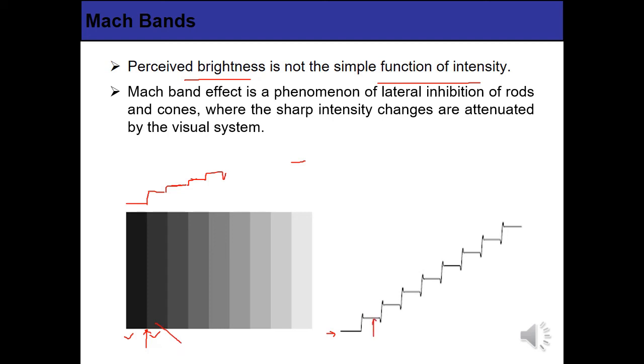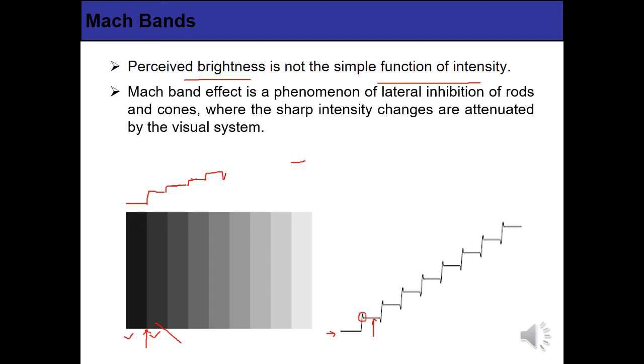But how is this variation represented? As you see from this gray portion towards the black, it appears more dark, but when you see from black to the gray, you will find that it is more light. That is why you can observe a peak over here.